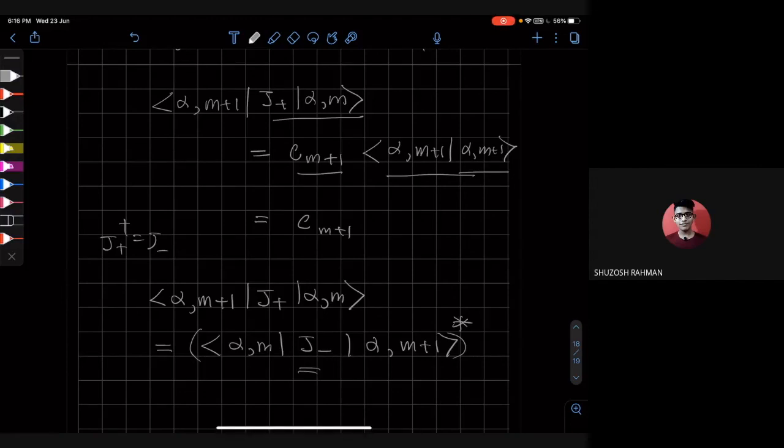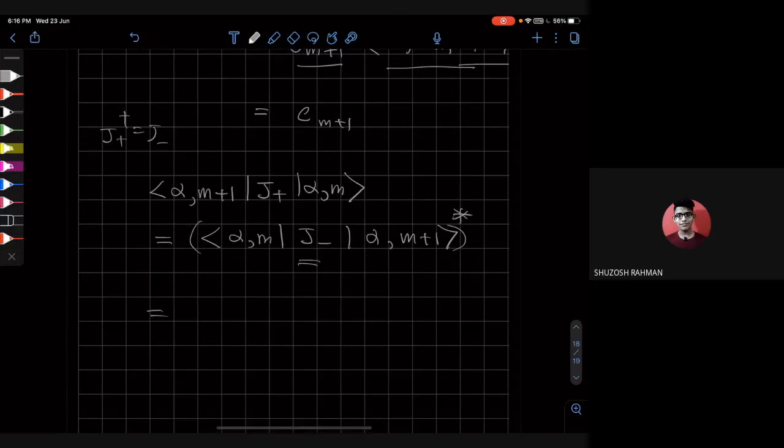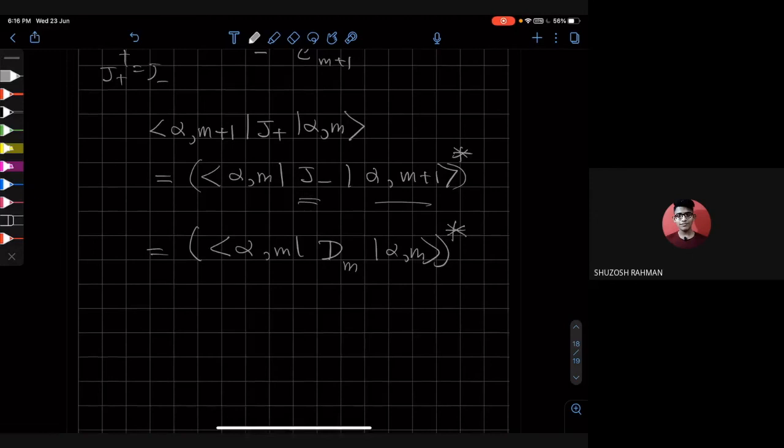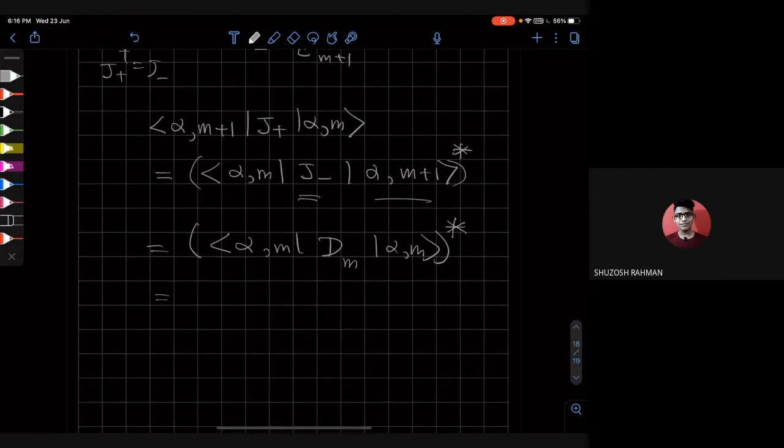Remember the definition of Hermitian conjugation? This is exactly the definition of Hermitian conjugation. Now, j minus acting on this thing gives me d m alpha of m here. But if I pull out dm from the bracket, I get dm star.